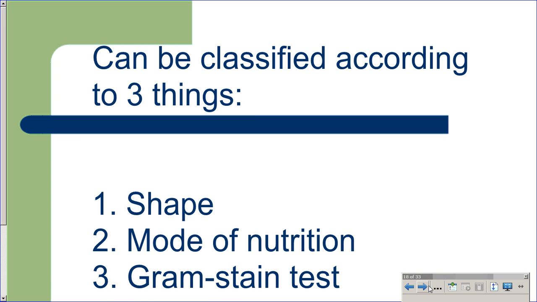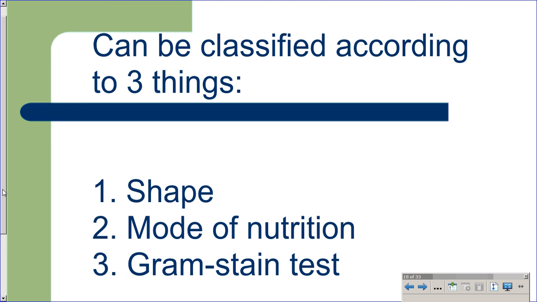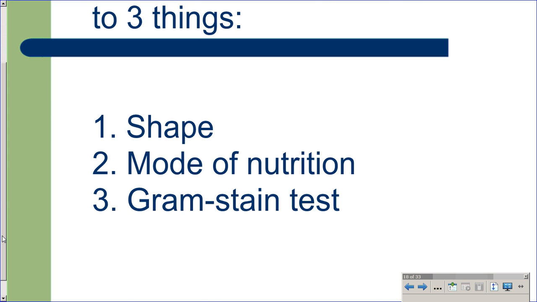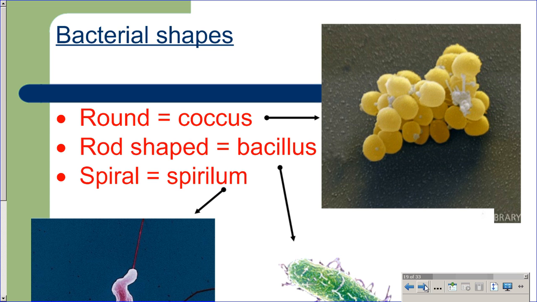Okay, do not write down these right here, but I'm going to talk about them on the next slide. So bacteria are classified in 3 different characteristics: the way they are shaped, the way they eat, and something called a gram stain. So let's look at their shapes. These are the 3 shapes of bacteria. The red stuff is the important stuff. Write down, you can just put a title like characteristics of bacteria.